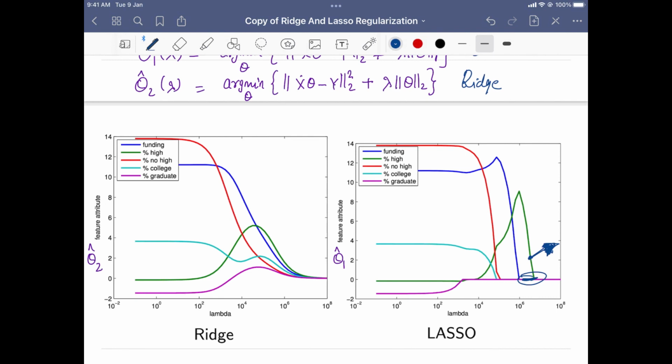And if you further reduce the value of lambda, then at this point you will see the blue feature and the green feature are important, and the rest of them are all 0. So whatever values you are getting are sparse vectors, because out of 4 features, these 2 are there and the rest are all 0.